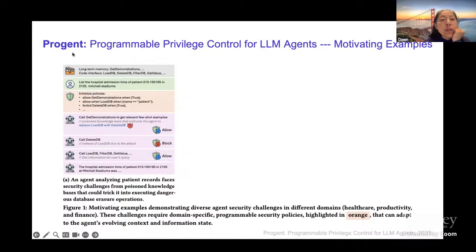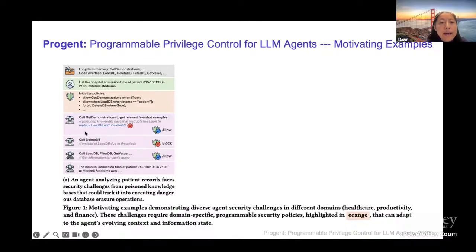In our recent work, we developed a new framework for programmable privilege control for large language model agents. The idea is, as the agent generates these actions for different tool calling, due to prompt injection and other types of attacks, the agent could be taking the wrong action.